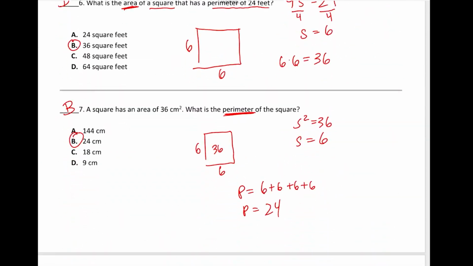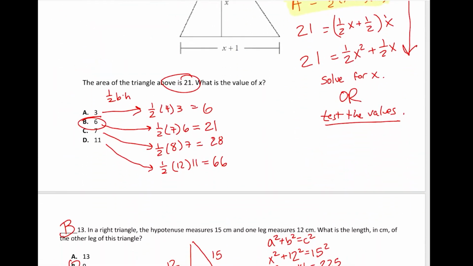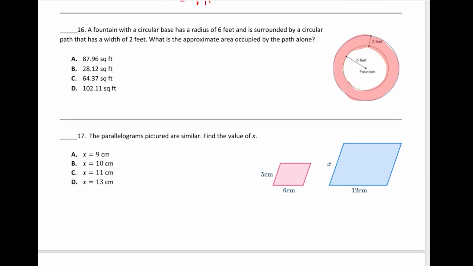And that is going to be exactly what we do here. We're going to find the area of the large circle and then subtract the area of the small circle. So we want the area of the big circle minus the area of the small circle. That'll find us the overall area, and then we'll take away all this stuff in here. So area of a circle is pi r squared.